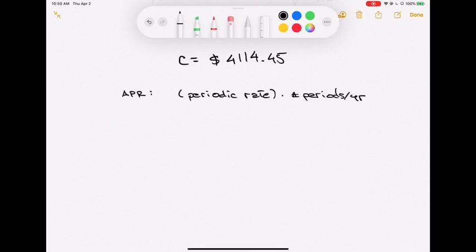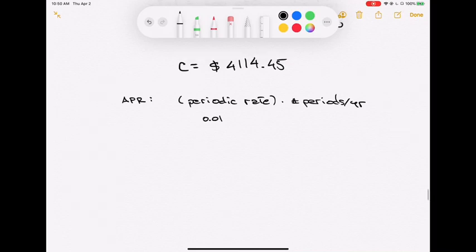As an example, the one we just did, we said that there was a rate of 1% per month, and we know that there are 12 months per year, and that would give us a 12% APR. APRs, like I said, are typically used for loan type instruments, things where you are paying money to someone else. APRs tend to look smaller than the corresponding APY, which is the next one we'll talk about.